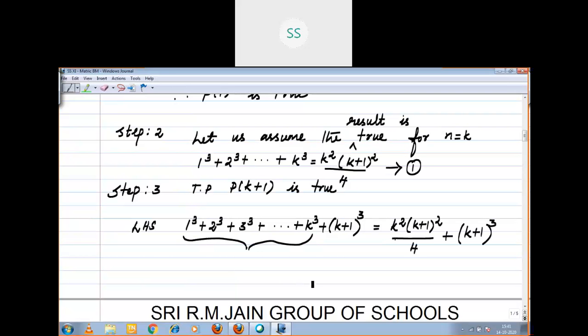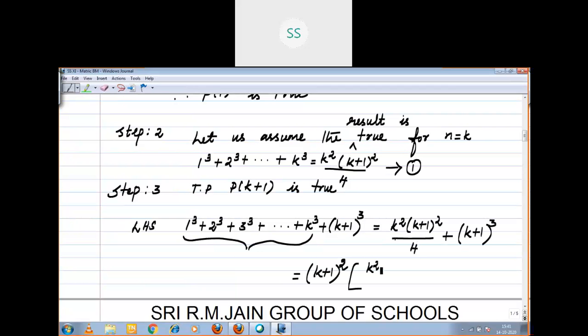Then you have to take LCM. Or you can take what is common: k plus 1 the whole square is common in both the terms. So k plus 1 the whole square you should take as common.